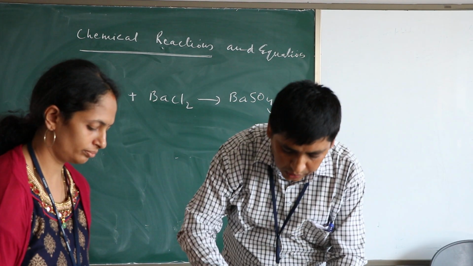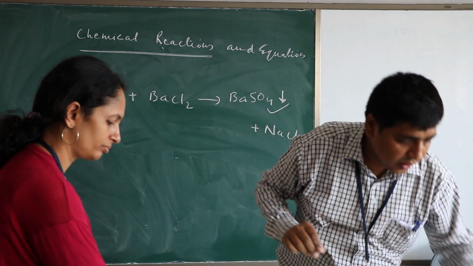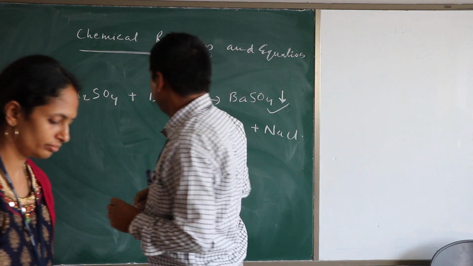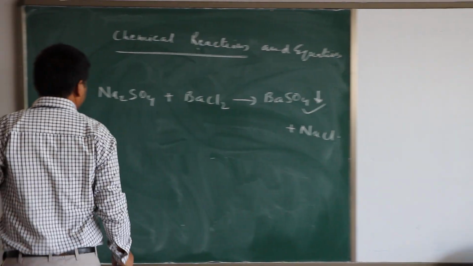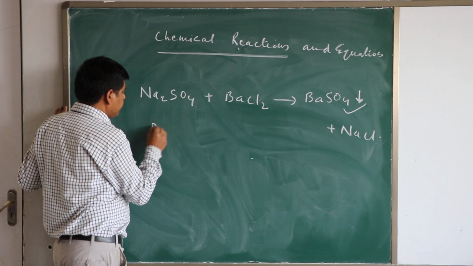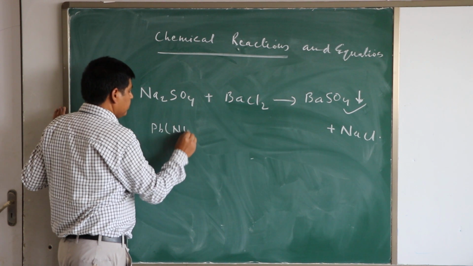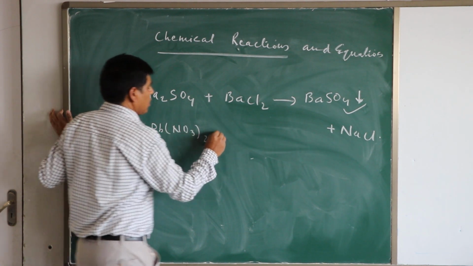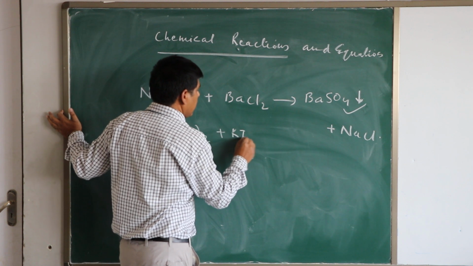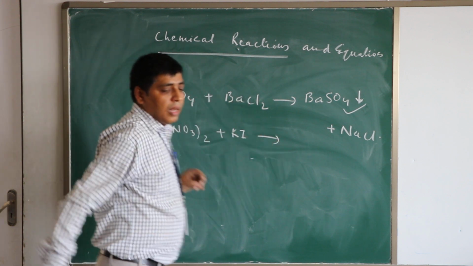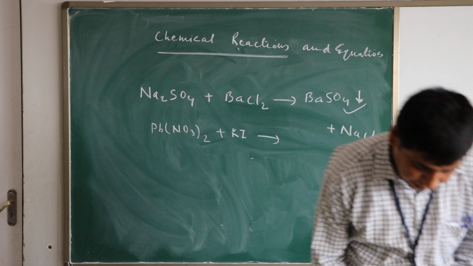What is the formula of lead nitrate? Pb(NO3)2. With this potassium iodide we are adding it. Let us see what happens.